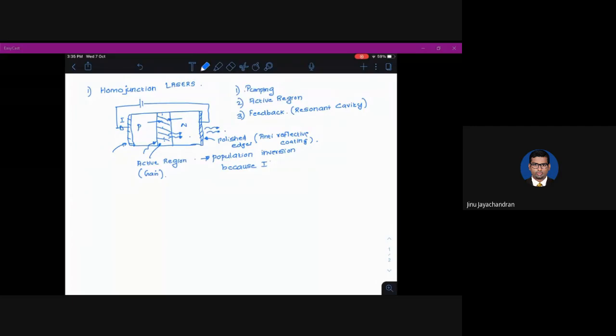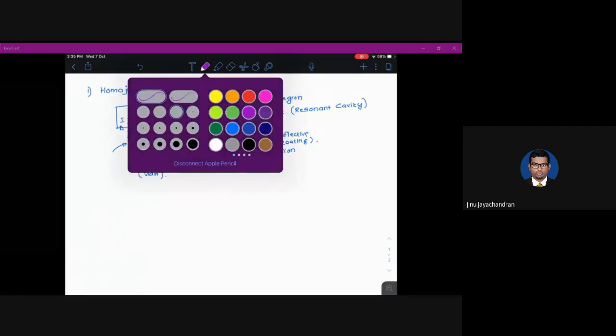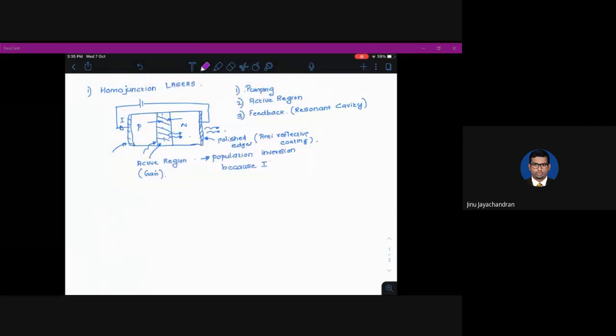Now, this is only a 2D structure. If you draw this in a 3D structure, it looks something like this.